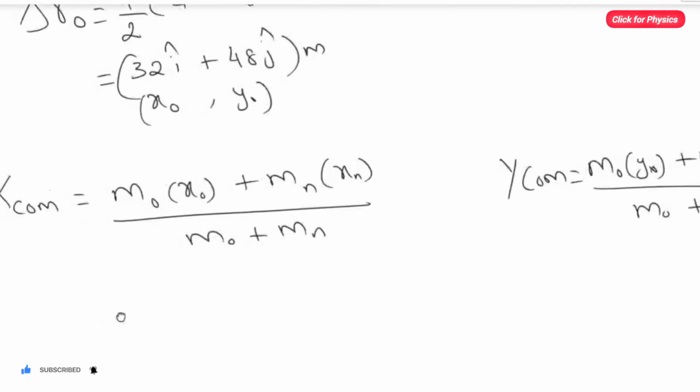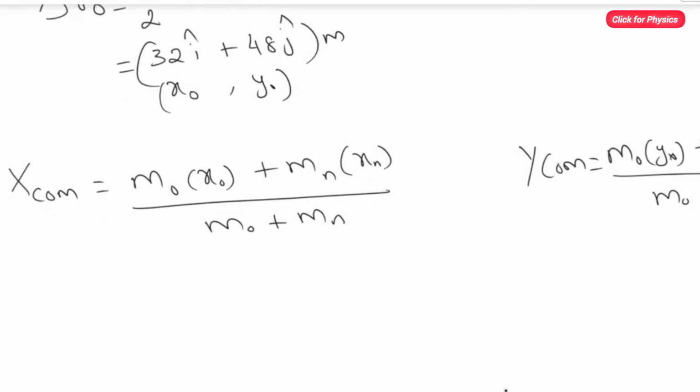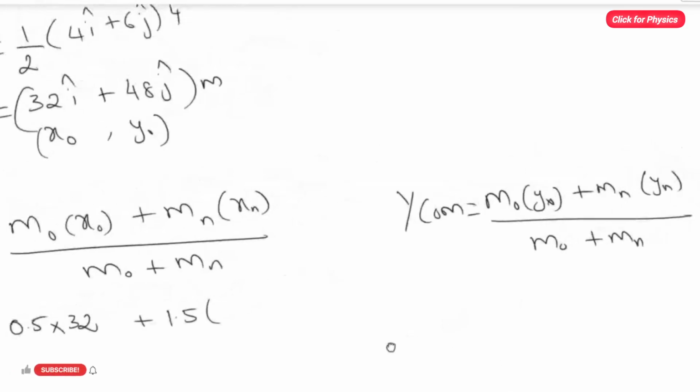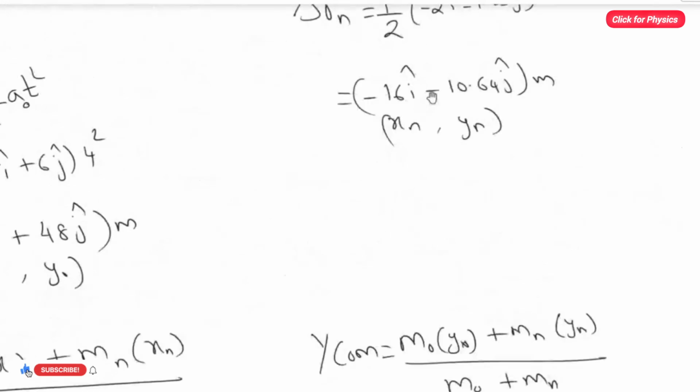Now we have to substitute the values here. The mass of the olive is 0.5 kilogram multiplied by the x naught value, 32, plus the mass of the Brazil nut, 1.5 kilogram, multiplied by the x_n value. What is your x_n value?